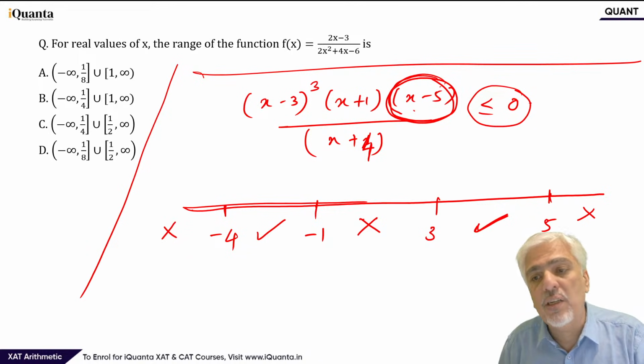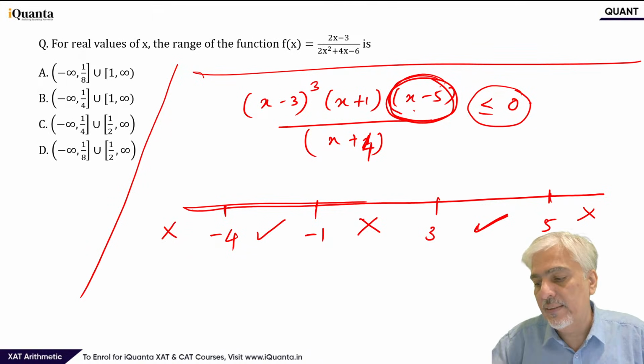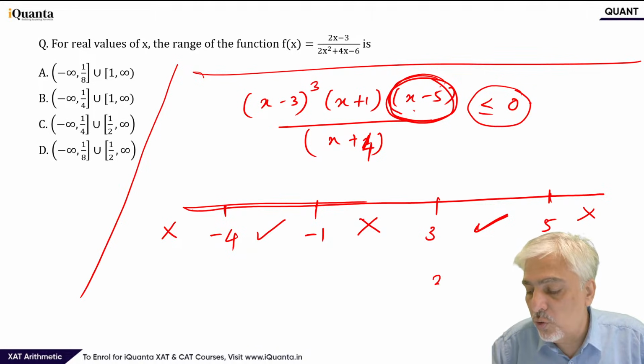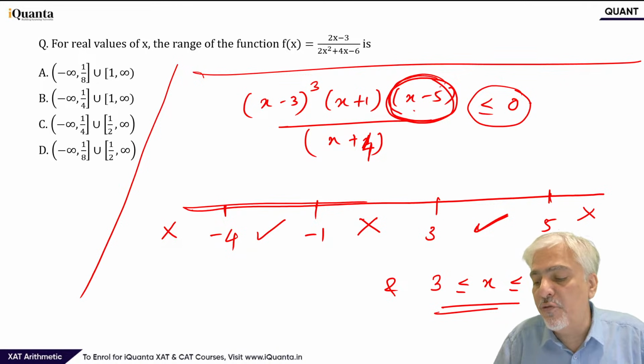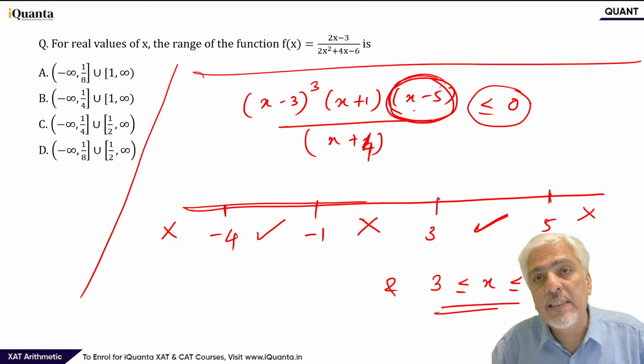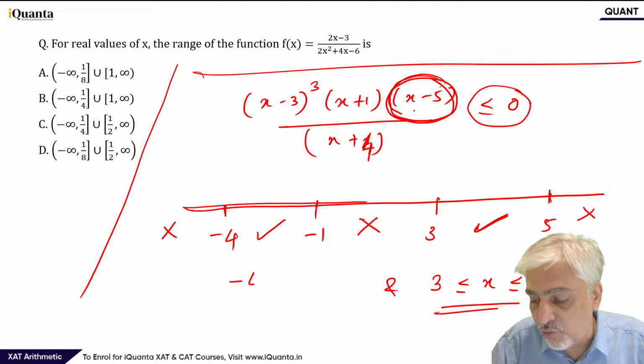So if I am looking for range answer, the range will be 3 less than or equal to x less than or equal to 5. And between minus 1 and minus 4, I can't take minus 4, because if I take minus 4, it will become not defined. So minus 4 less than x less than or equal to minus 1.